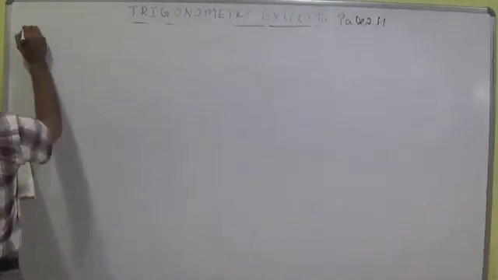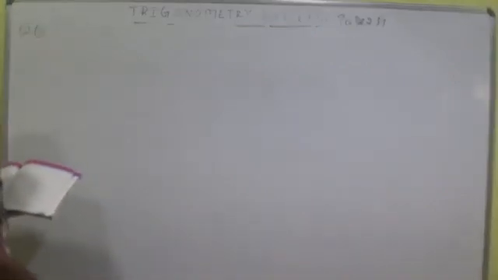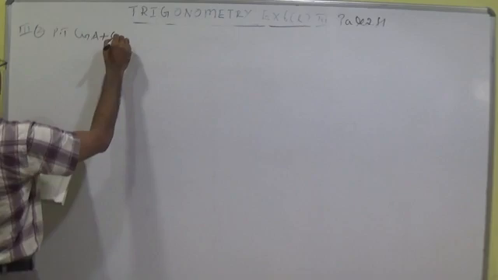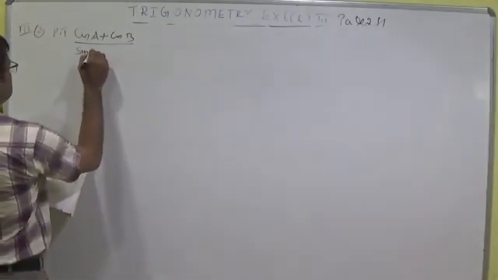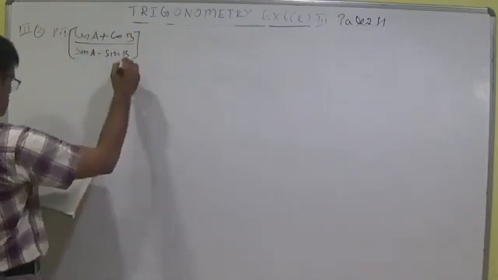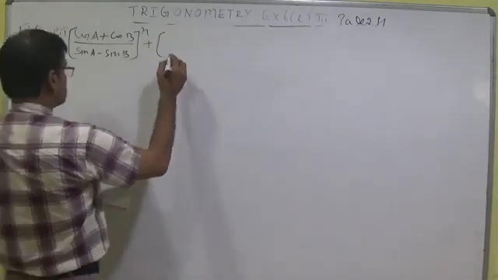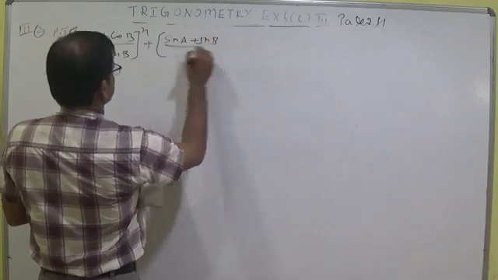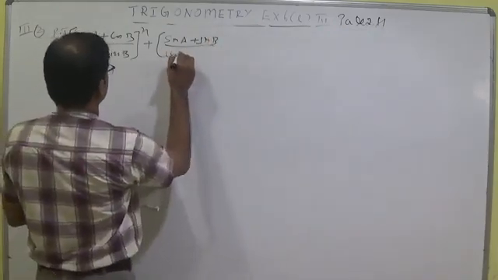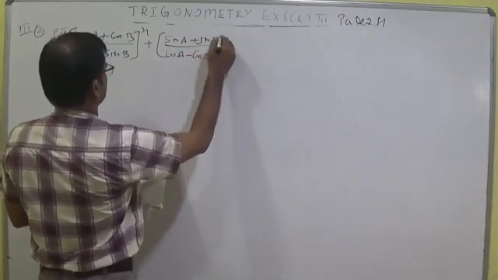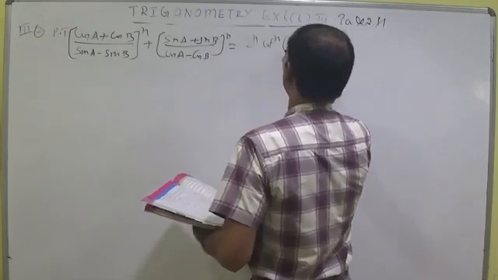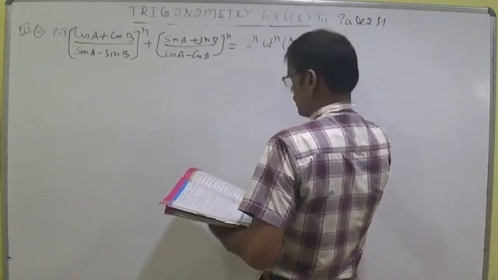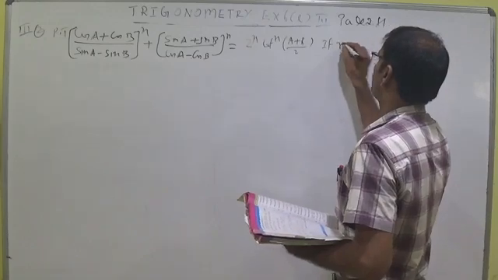Second question in Roman number 3. If none of the denominators is 0, prove that (cos A plus cos B by sin A minus sin B) whole power n plus (sin A plus sin B by cos A minus cos B) whole power n is equal to 2 power n cot power n of (A plus B) by 2 if n is even.